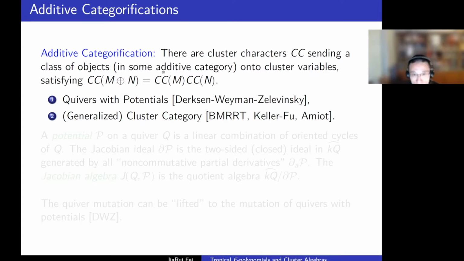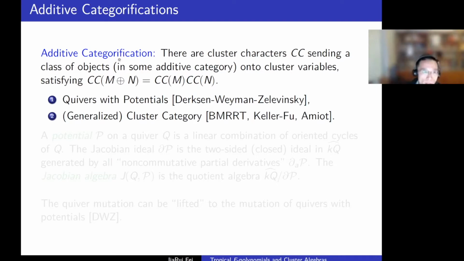Additive simply means the category is additive, and that gives an additional requirement that the character respects this addition: the direct sum will map to the product in the cluster algebra.